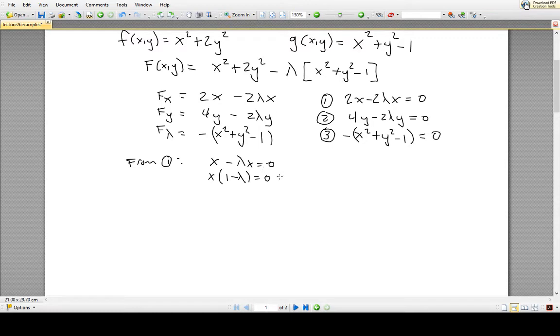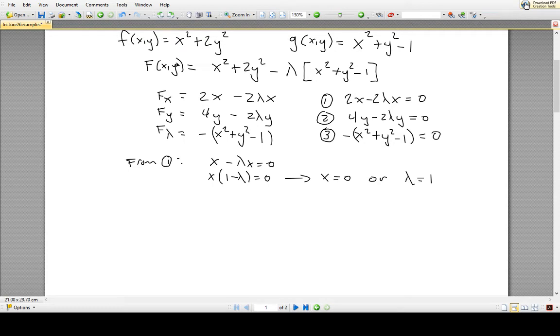So the only way this equation can be true is if x equals 0, because then this whole expression is 0, or if 1 minus lambda is 0, which means lambda must be 1. So if lambda is 1, this bracket is 0, or if x is 0, this first part is 0. In either case, this multiplies and gives me 0.